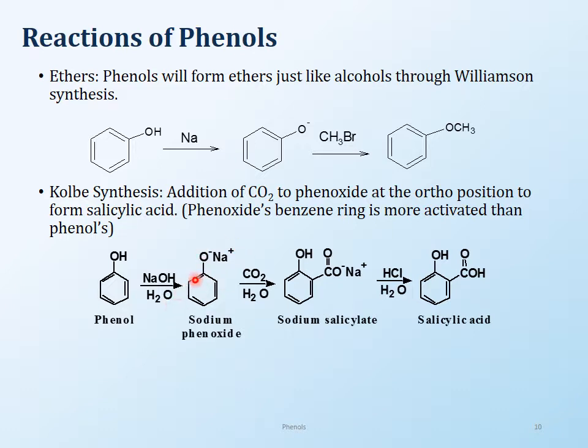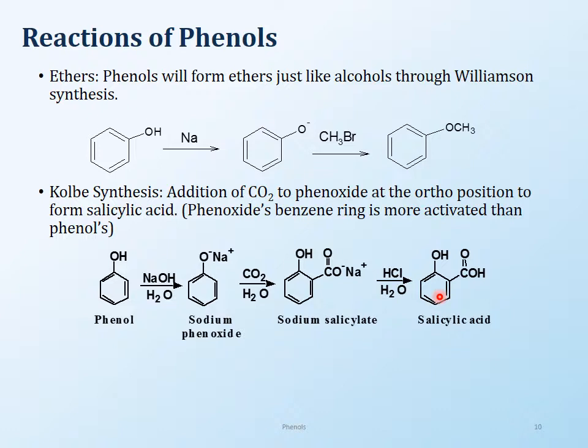Now the benzene ring is so activated at this point that it reacts even with carbon dioxide to give a carboxylate ion. Once that is protonated with a weak acid, it ends up giving salicylic acid. It gives the carboxylic acid over here now, and the phenol group is still there because the reaction was not of the alcohol group. The reaction here was on the benzene ring.